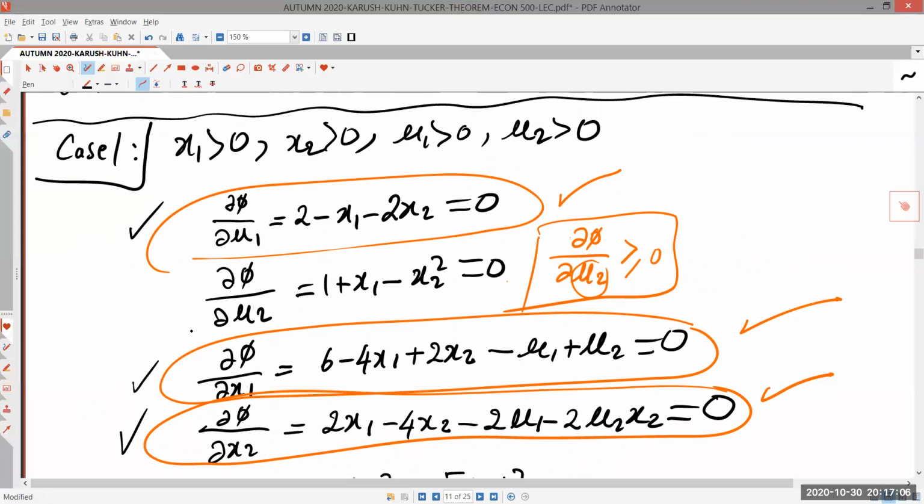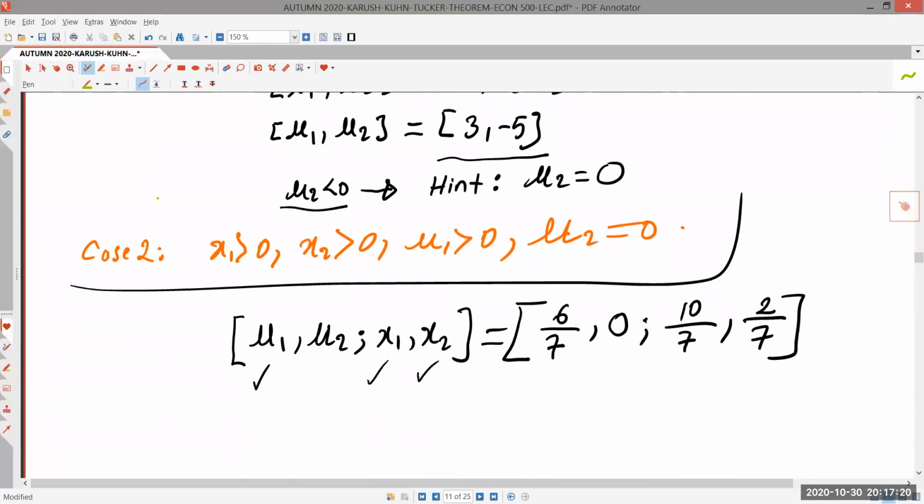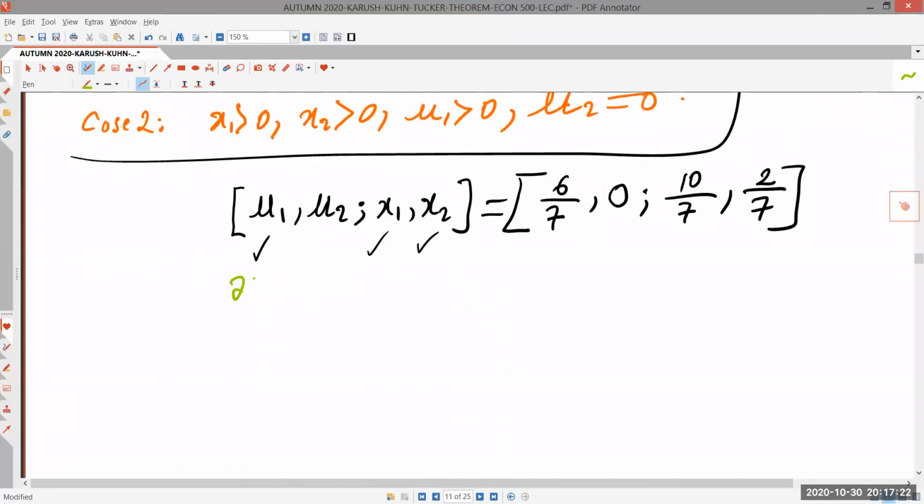O zaman sadece ortalıkta dikkat etmemiz gereken bu. Bu kısmi türev gerçekten sıfır ya da sıfırdan büyük oluyor mu o belirtilen noktada? This is the question mark. And what we do, we check it. Okay? So we just take the first order partial derivative, and evaluate that derivative at this point.